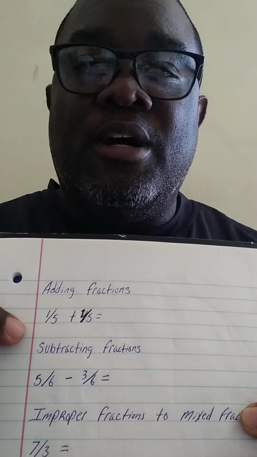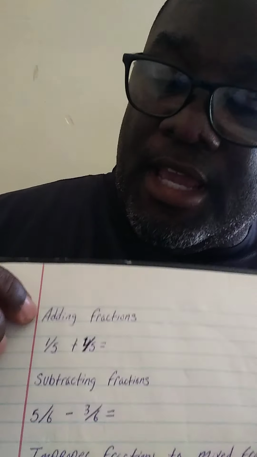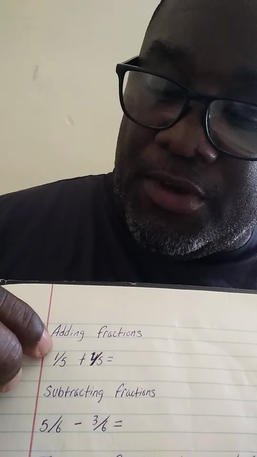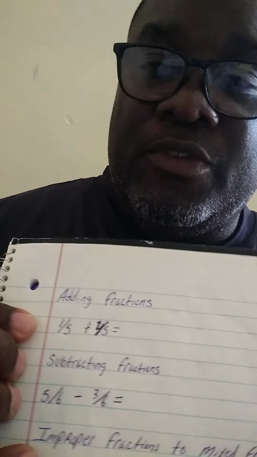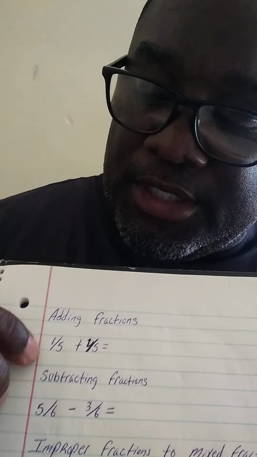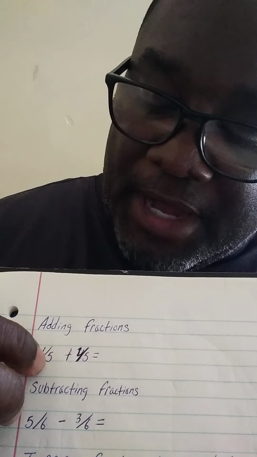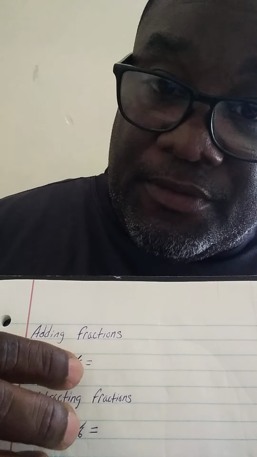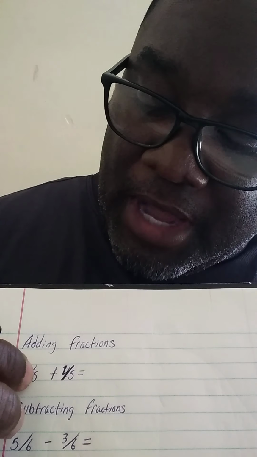The first one, as you see up here at the top, I have adding fractions, and it's 1/5 plus 2/5. So first thing you'll see is that we're going to have the same denominator of 5, so we know it's going to be in fifths. And then you're just adding. The 5s will stay the same.